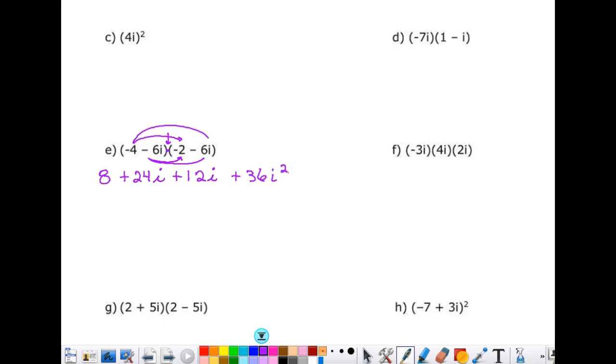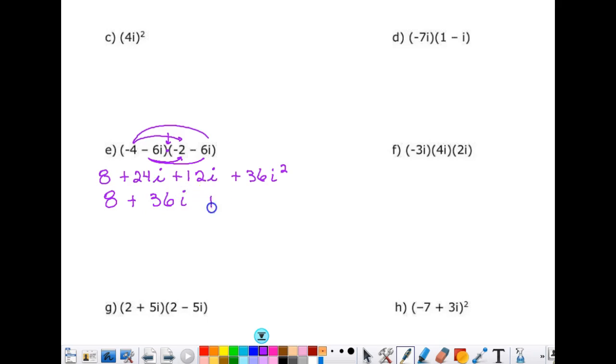And then a -6i times a -6i would be a positive 36i squared. So you have a couple of options here. You can combine like terms first, or you can take care of your i squared first. Okay? I tend to kind of just start over on the left and go back across, but that's up to you. So I end up combining the like terms first. So 8 plus 24i and 12i, it's just combining like terms, is 36i.